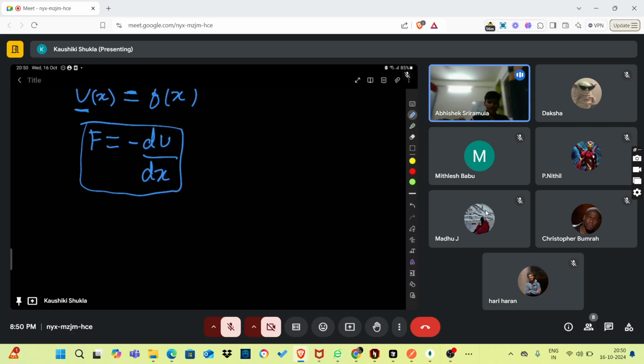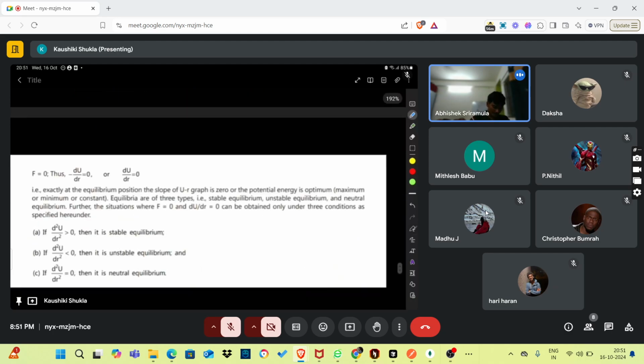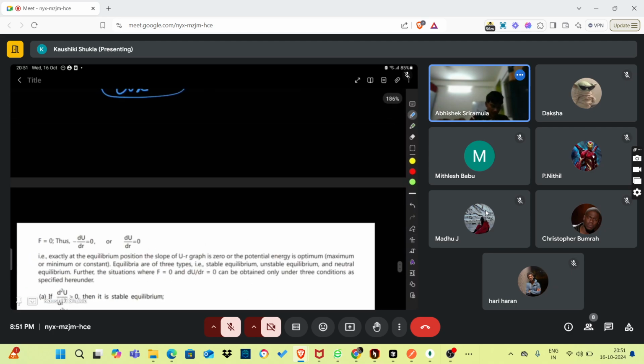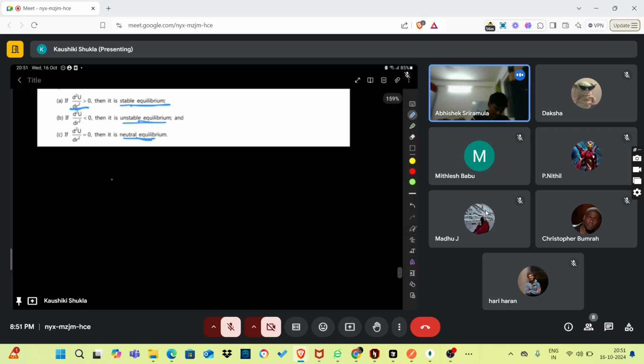If I say that a body is in equilibrium, that means du by dx is just zero, for any kind of equilibrium. For stable or unstable equilibrium, there is a chart given here. You have to double differentiate, d square u by dx square. This you will calculate, and if it is greater than zero, it is stable equilibrium. If it is negative, then it is unstable equilibrium. If it is just zero, then neutral equilibrium. I'll tell you with an example.